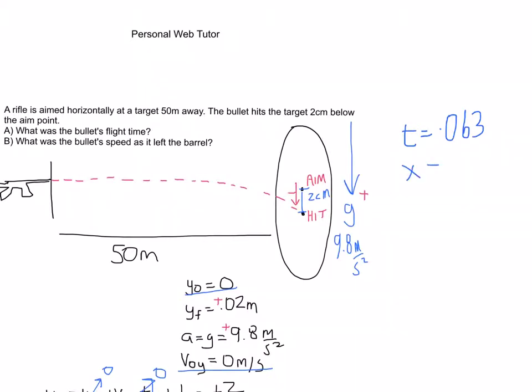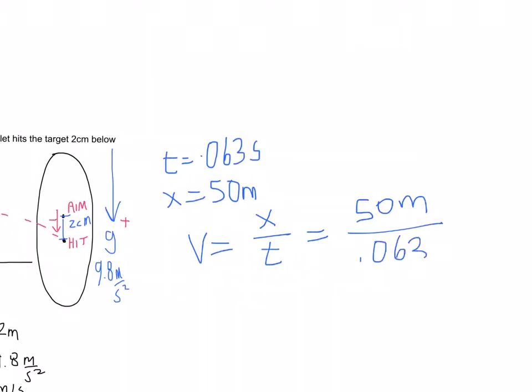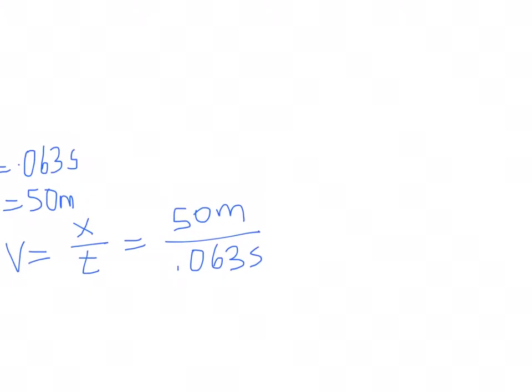We have x is equal to 50 meters. Time, of course, is in seconds. So we can use the simple equation v equals x over t. And so we do the arithmetic, and the answer that we get is 782.6 meters per second.